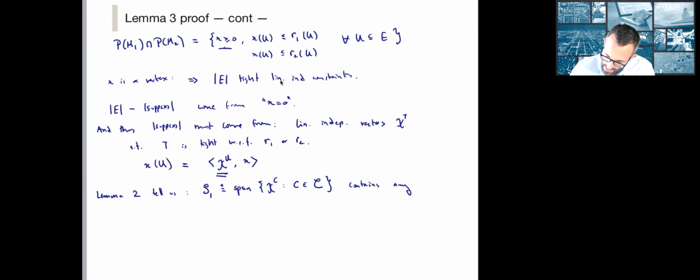It tells us that, let's name this S1, which I'm going to define as the span of chi C, such that C is in C. Well, the previous lecture's lemma told us that this span contains any vector chi t such that t is tight for R1.